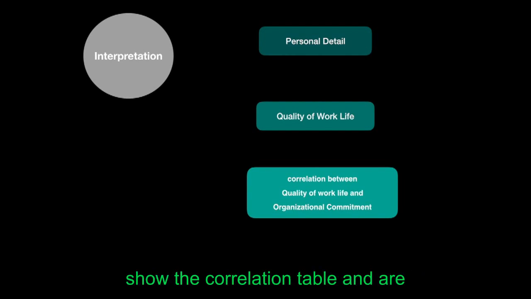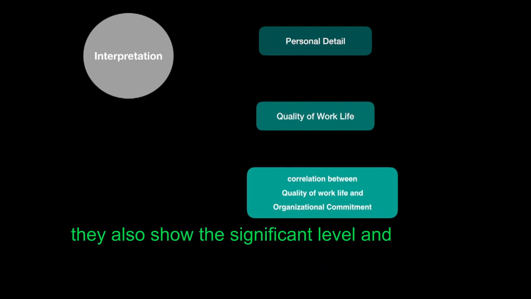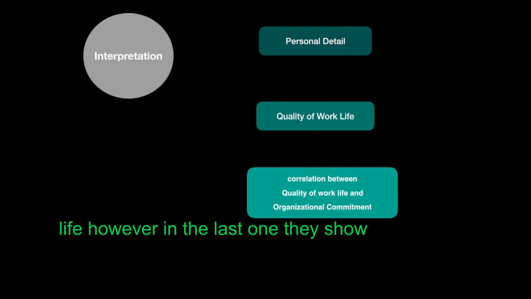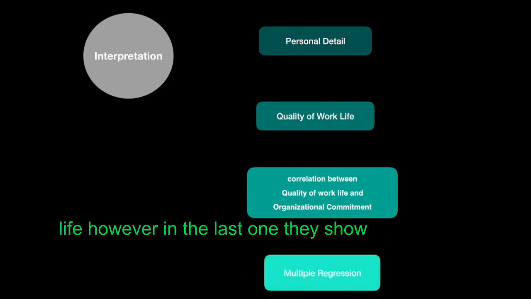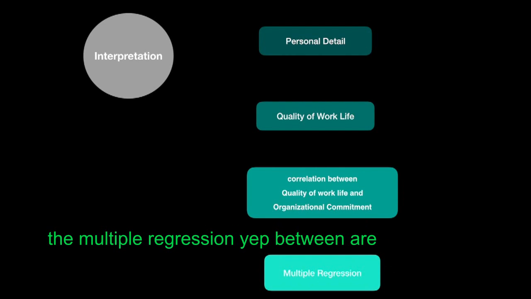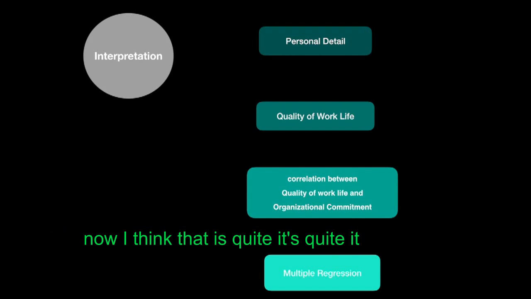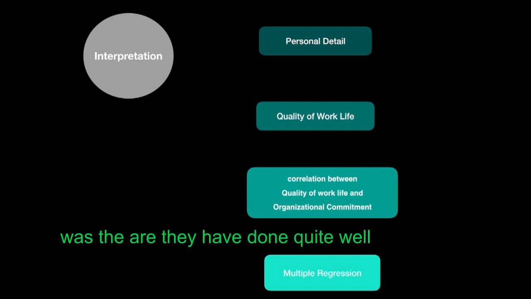Okay, they show the correlation table, and they also show the significant level and also each component of quality of work life. However, the last one, they show the multiple regression between a lot of aspects in the research. And now I think that they have done quite well.